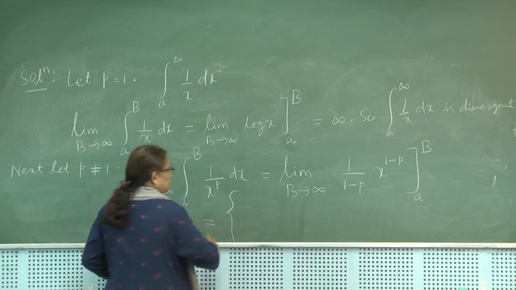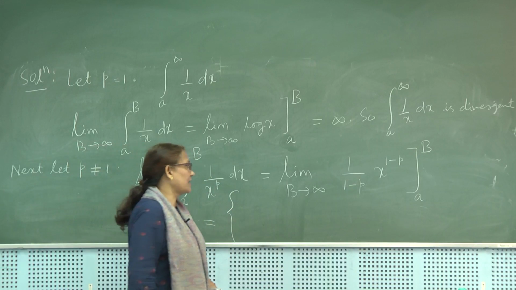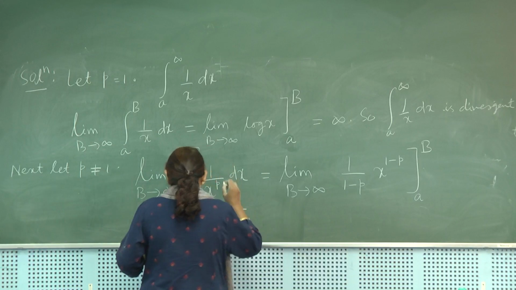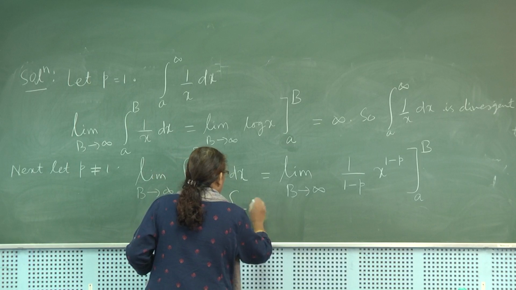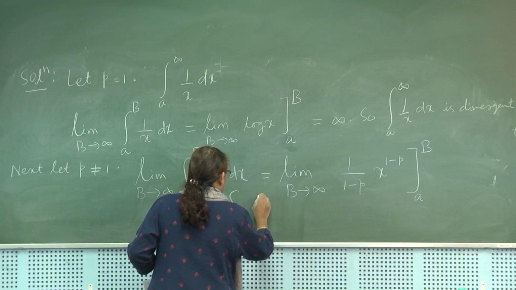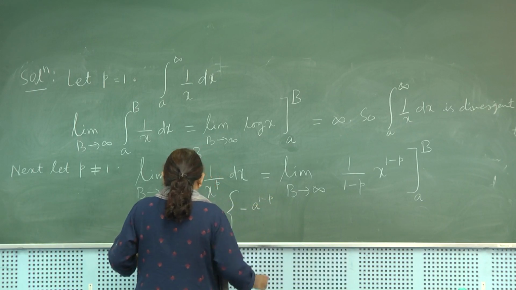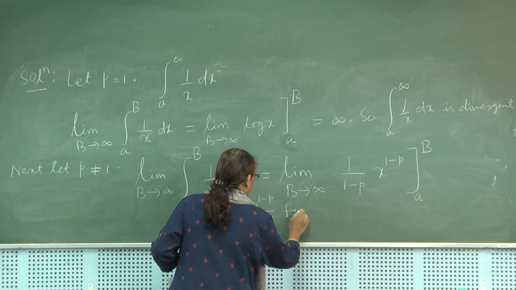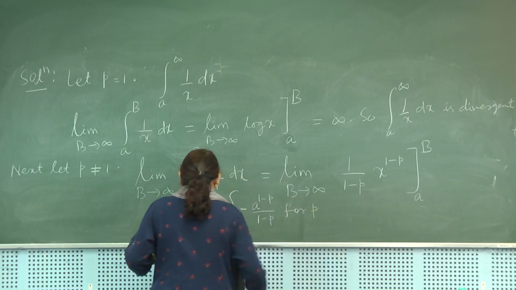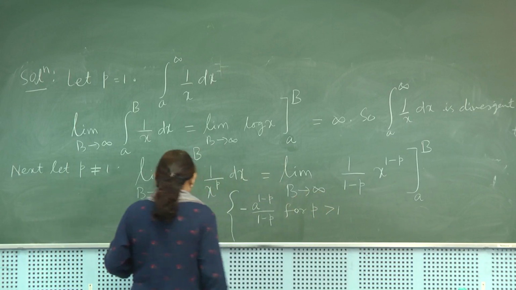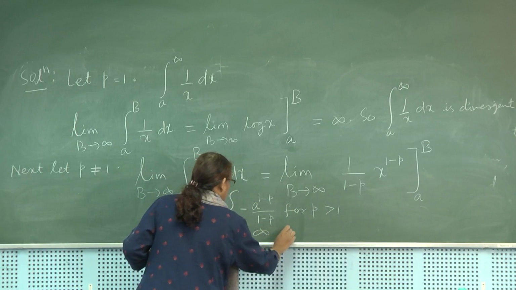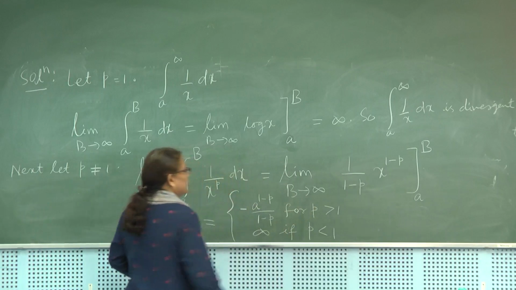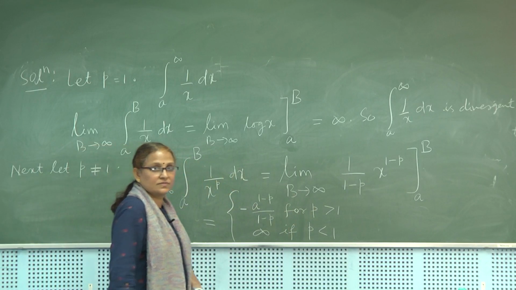This is just a simple calculation, and you will get the values like this: a to the power 1 minus p divided by p minus 1 for p greater than 1, and this is infinity if p less than 1. You can verify this.